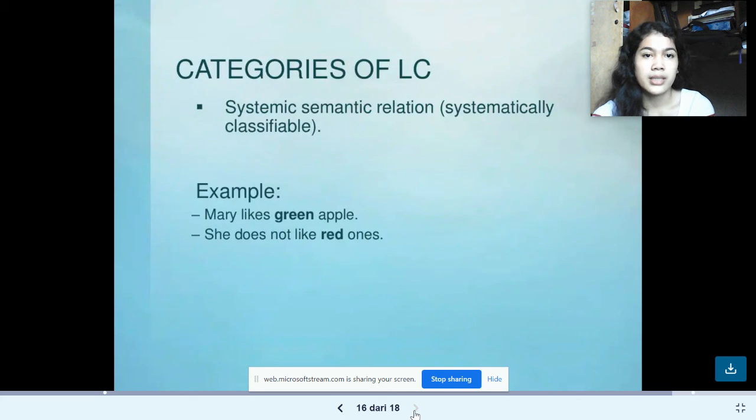The first is systemic semantic relation, or systematically classifiable. The example: Mary likes green apples, so the stress is on green, and then she does not like red ones. The stress in that example is on red.